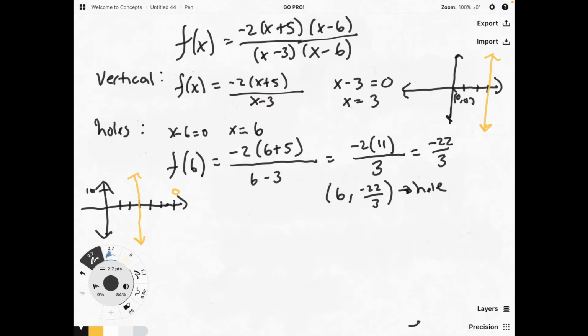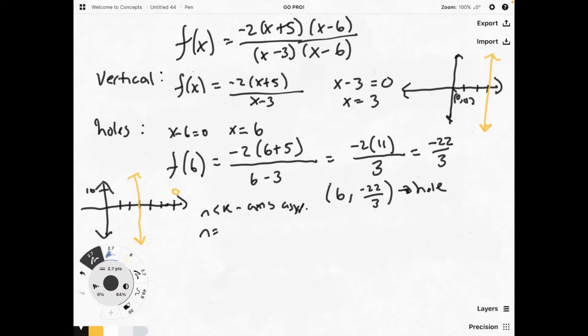All right, next what we need to do is see if this problem has any horizontal asymptotes. We remember from our rules that if we have the value of n, which is less than k, then our x-axis is going to be our asymptote.